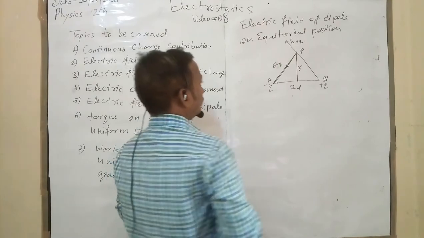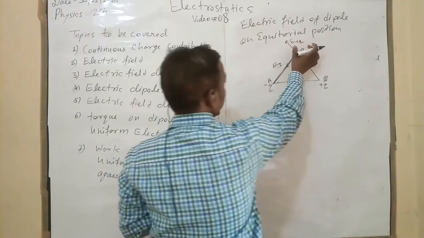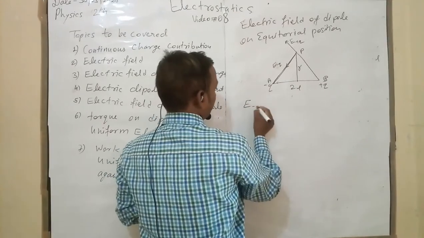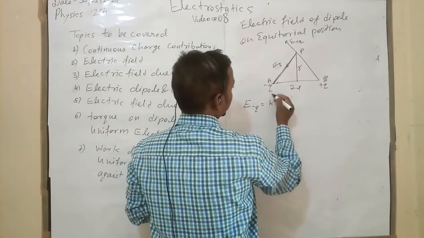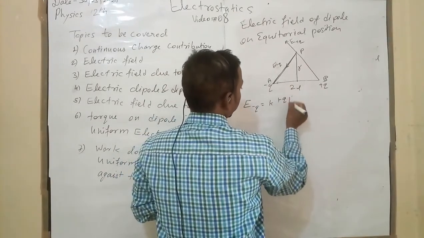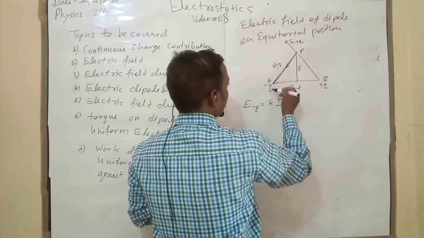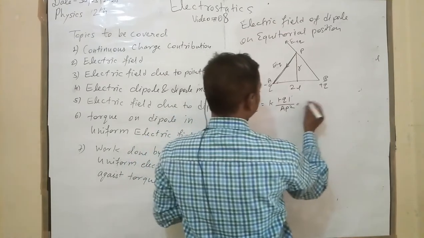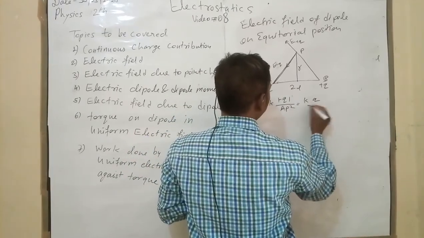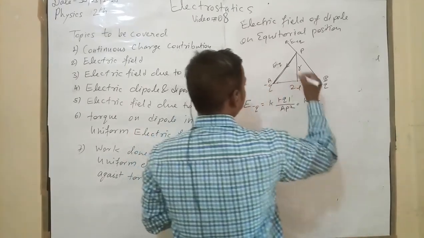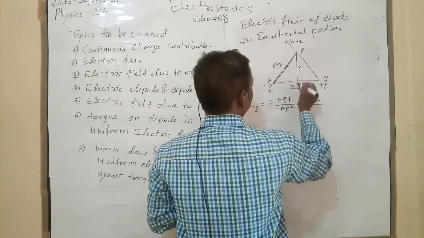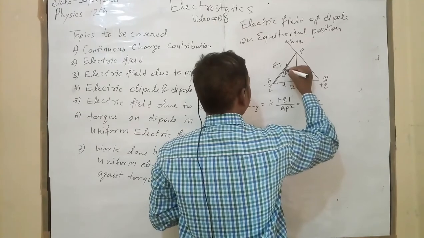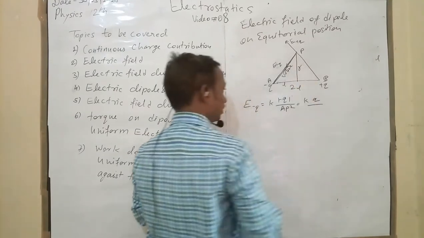Okay, so write the values of these two fields. E minus Q equal to K times minus Q upon AP square. What is the value of AP? This side is L, this side is R, so AP is under root L square plus R square by Pythagoras theorem.